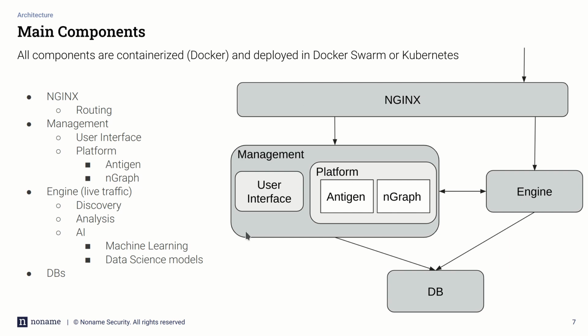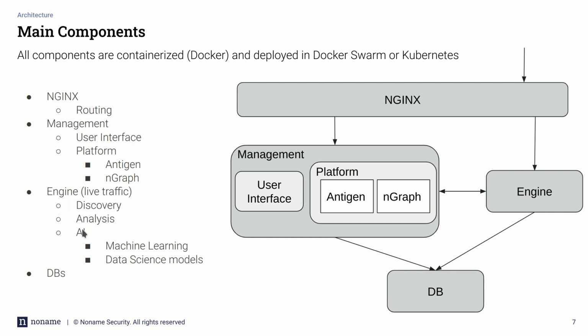All right, the engine. Now you may see the engine as a single component right here, but it's not just a single component. There are a few subcomponents within it, and the engine is responsible for ingesting live traffic, discovering APIs, learning their behavior so that we understand what normal API behavior is, analyzing it, and so on. So this is one busy component.